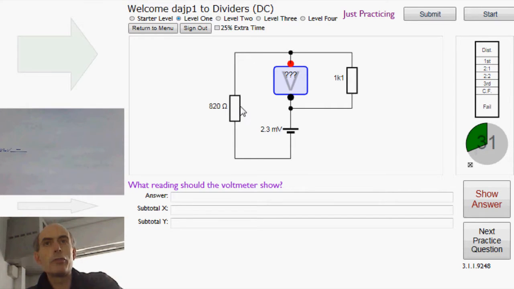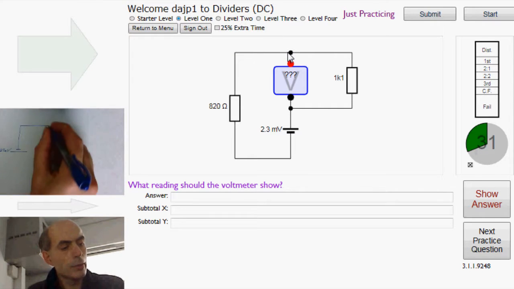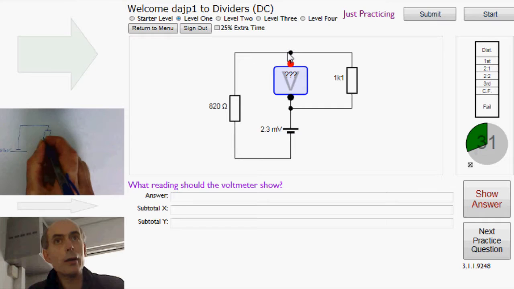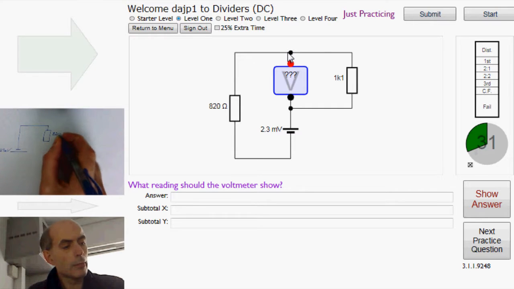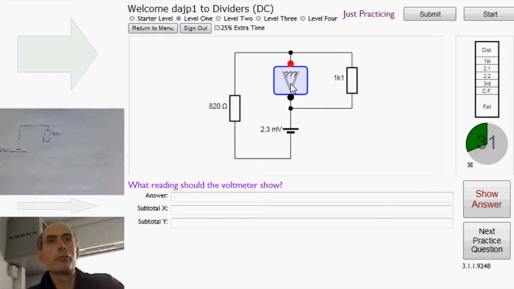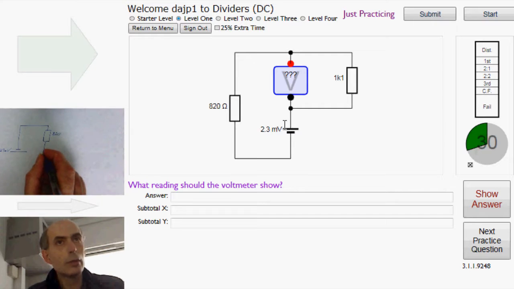And then if I move this resistor up and around here, that would go to about there. And then I just move this voltmeter and this 1K1 resistor down and maybe swap them over, but leaving them in parallel.